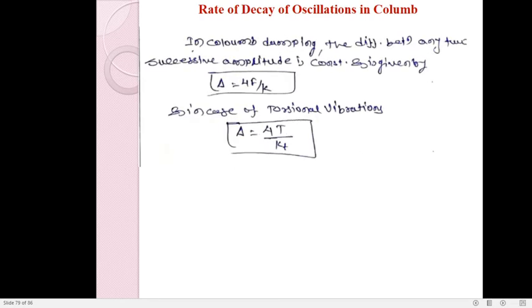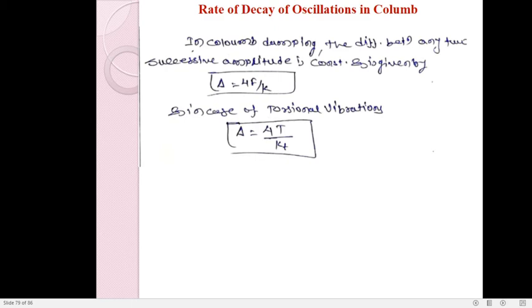In Coulomb damping the difference between any two successive amplitudes is constant, and is given as delta. Here instead of the small delta, we have used the capital delta as a symbol for logarithmic decrement or rate of decay. So delta is equal to 4f upon k, where f is the frictional force applied on the system and k is the stiffness.